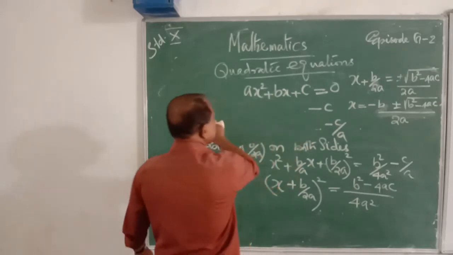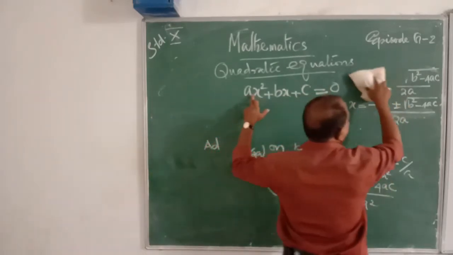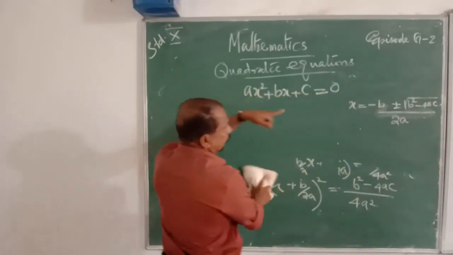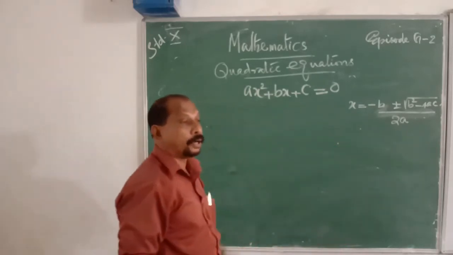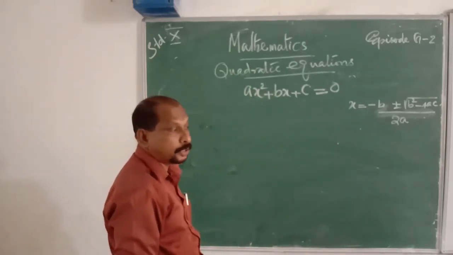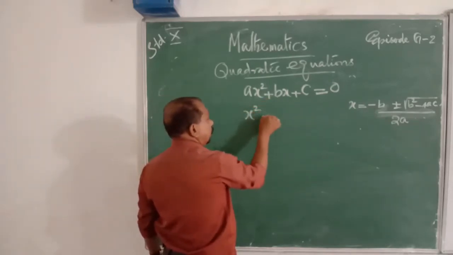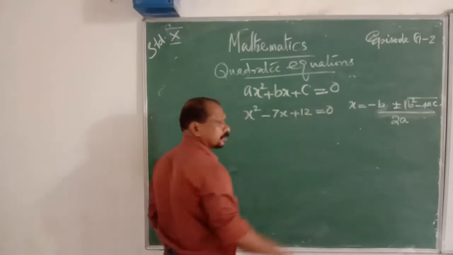Okay, this is the quadratic equation and this one is the quadratic formula. Then we can find the solution of a quadratic equation by the quadratic formula. For example, x square minus 7x plus 12 is equal to 0. We know the result.